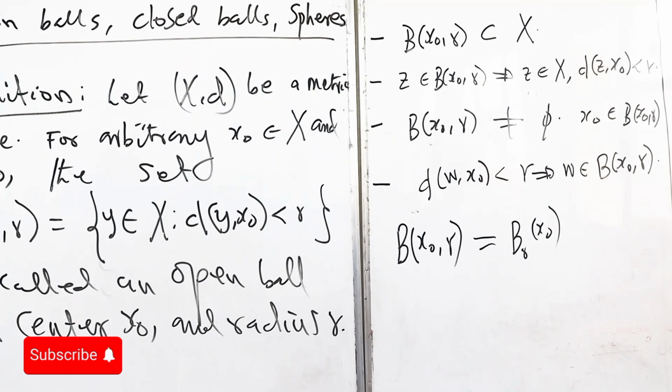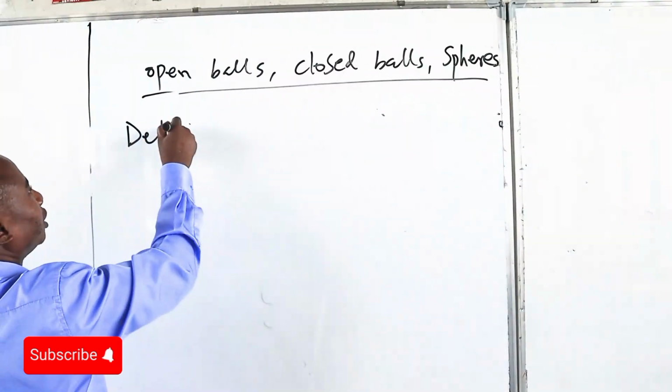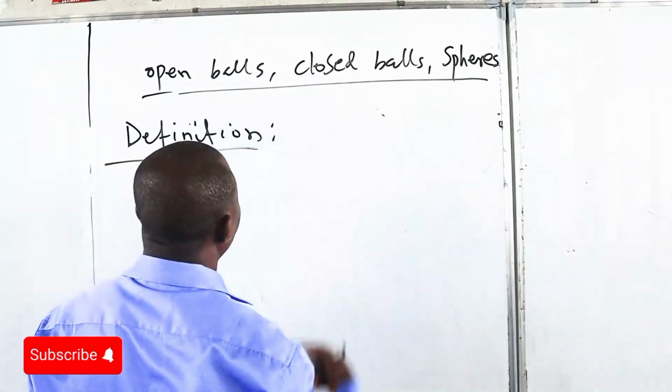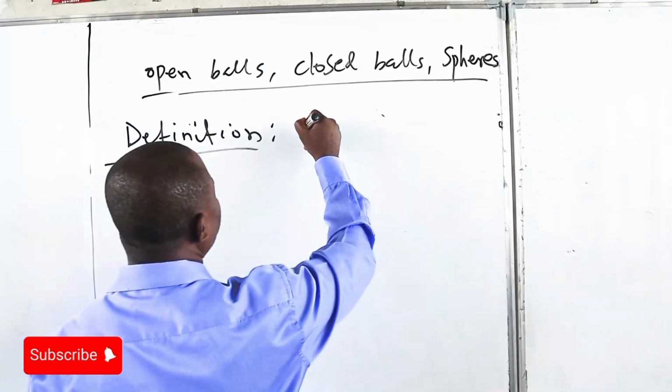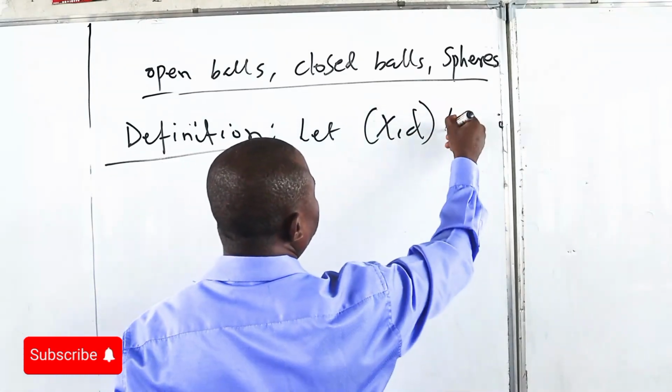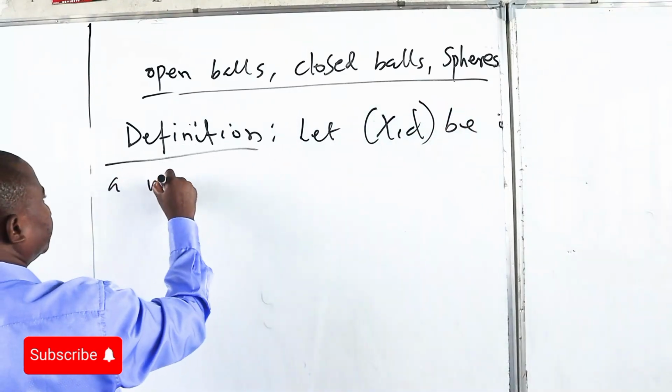All right. Another definition we want to take is that of a closed ball. Like we did before, we take (X, d), a metric space.